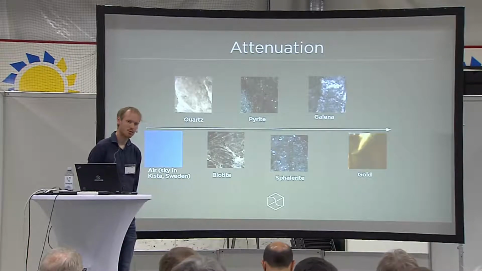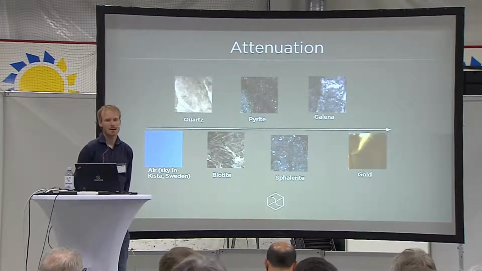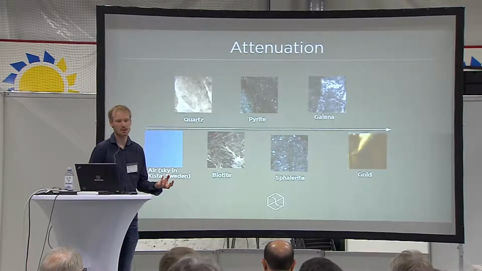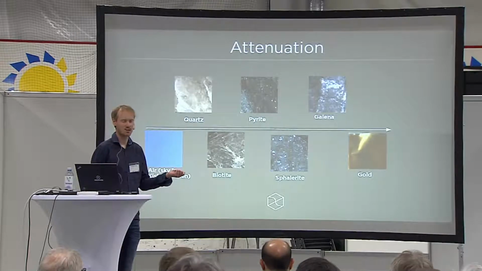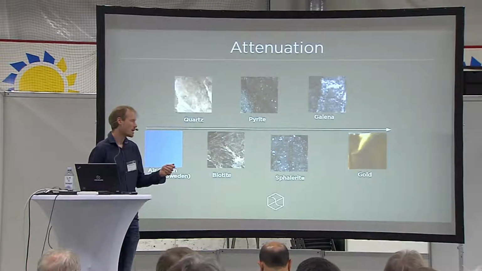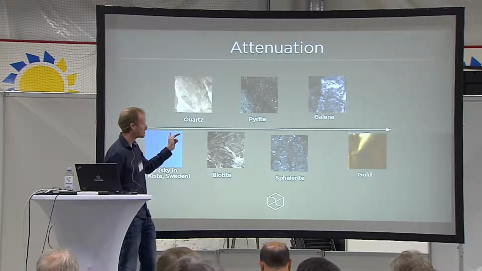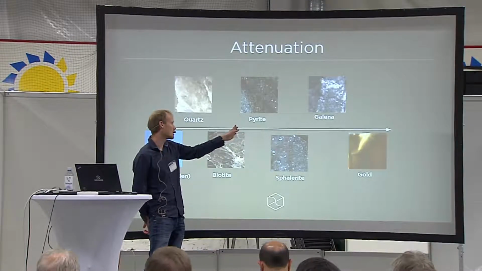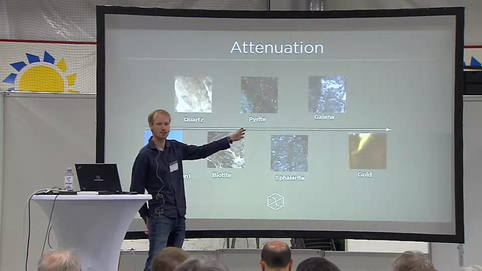So you could also do the inverse here. You have a sample, you obtain tomography of your sample, and then measure the attenuation in all the voxels. Then you can see where on this scale your measured values are, to get an idea of what minerals you have in your sample.